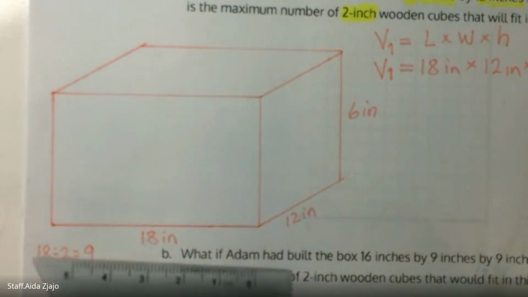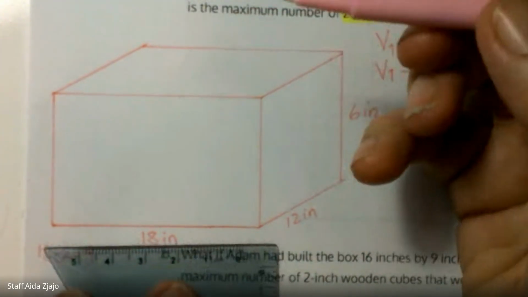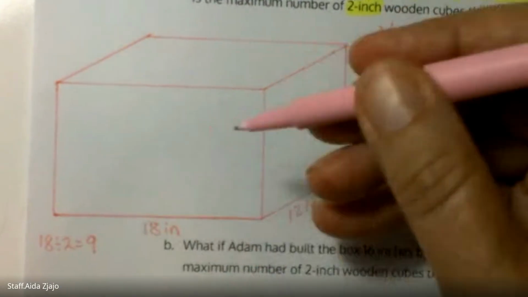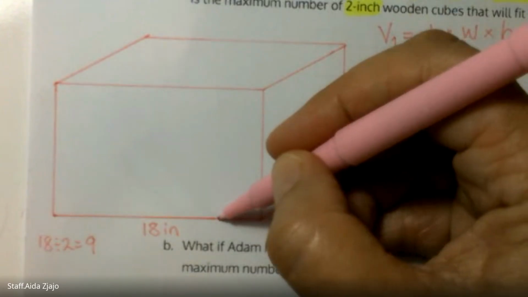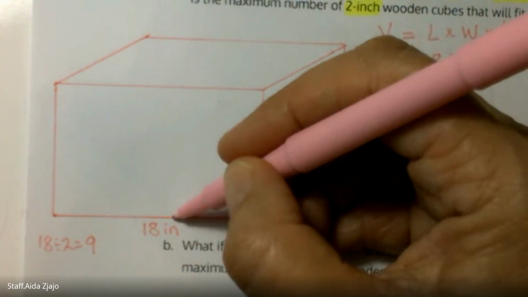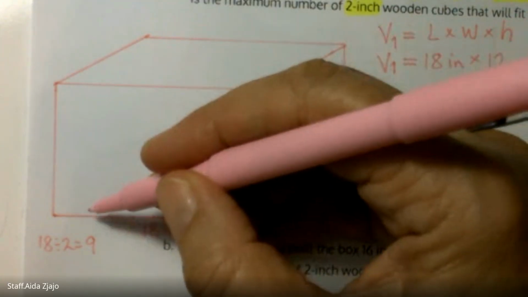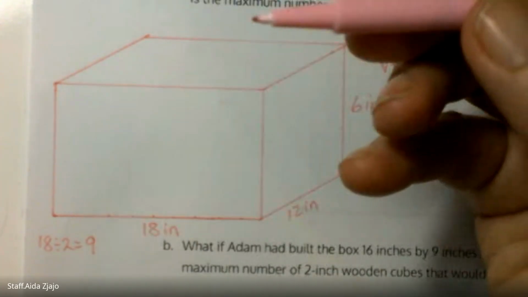So I know I could make 9 little boxes. If I want to make 9 spaces, I need 8 lines. So 1, 2, 3, 4, 5, 6, 7, 8.